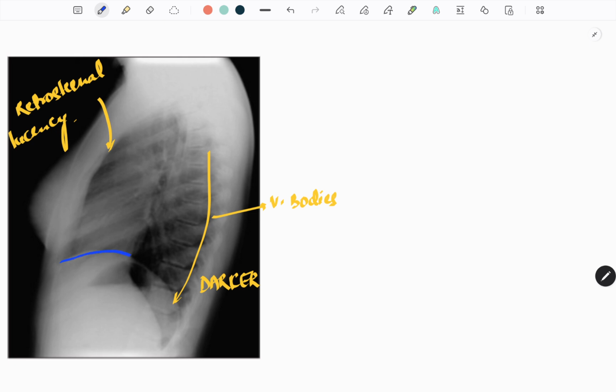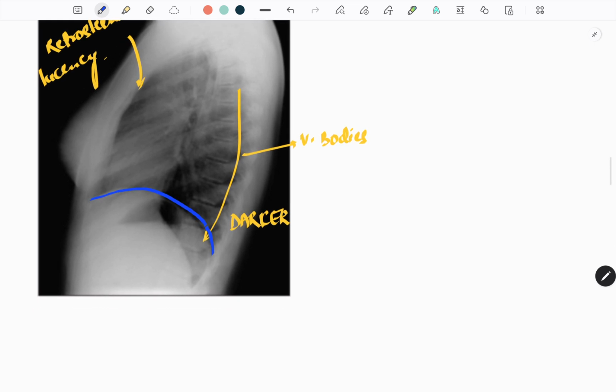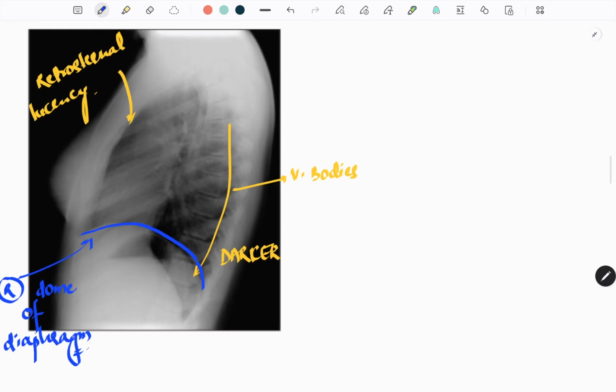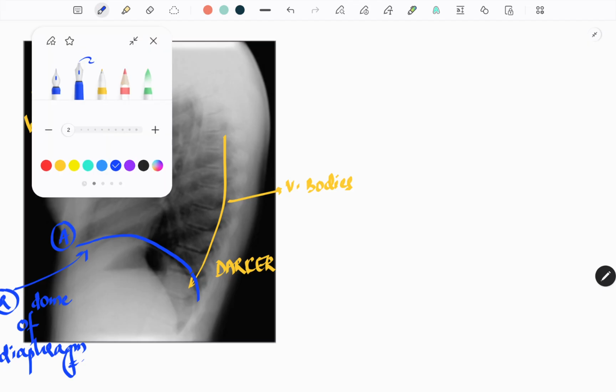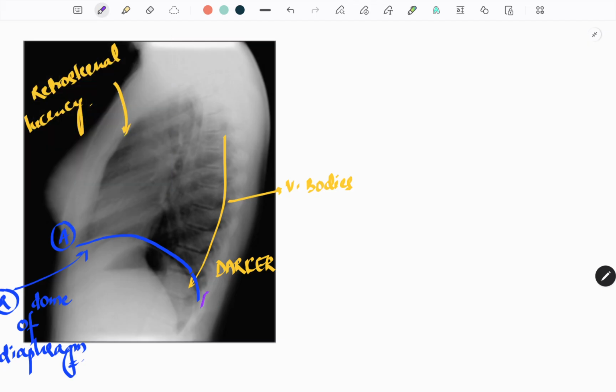This is the right dome of diaphragm. Why so? Because it is seen throughout from anterior to posterior.